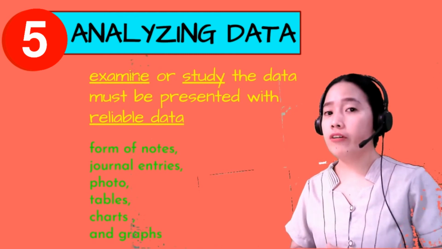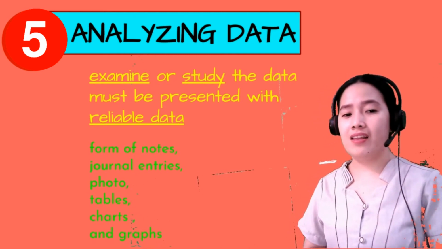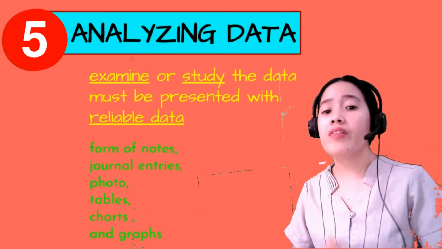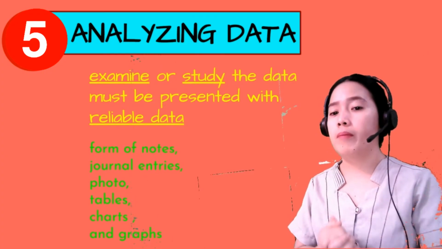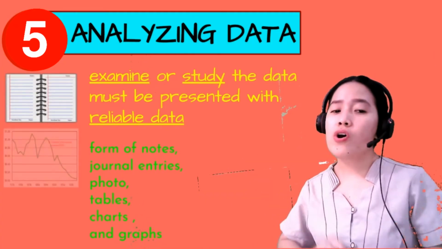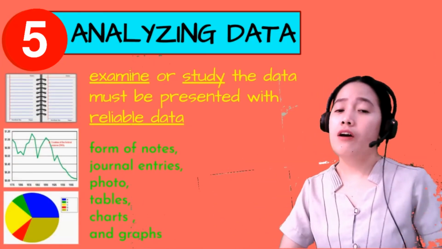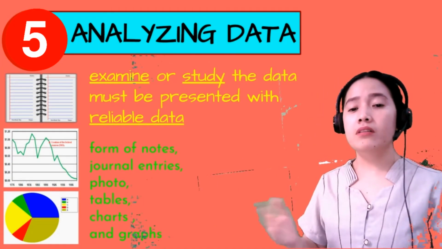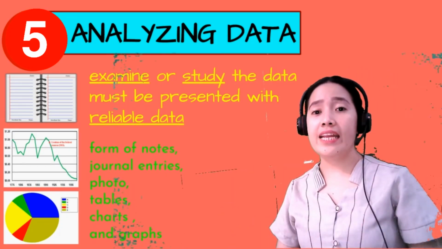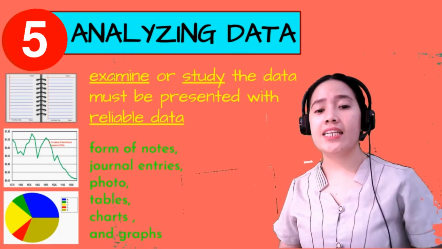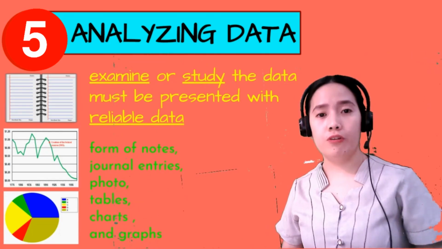Collect data and record the progress of your experiment. Document your result with detailed measurement, description, and observation in the form of notes, journal, photo, tables, charts, and graphs. Now that you have the data, analyze the data collected and interpret accurately.